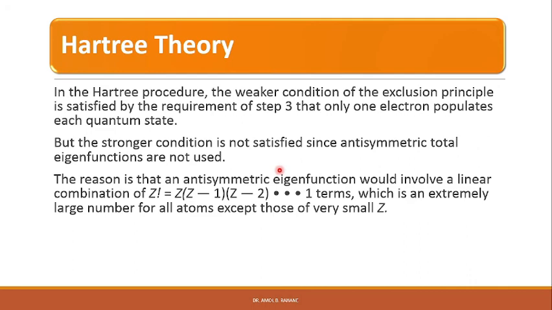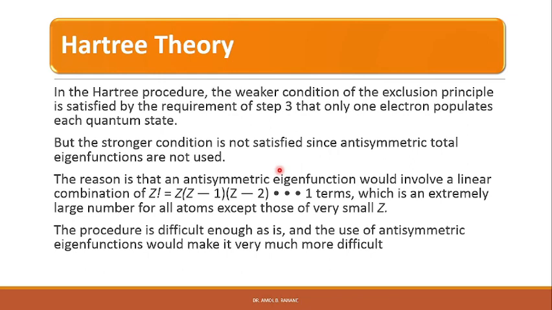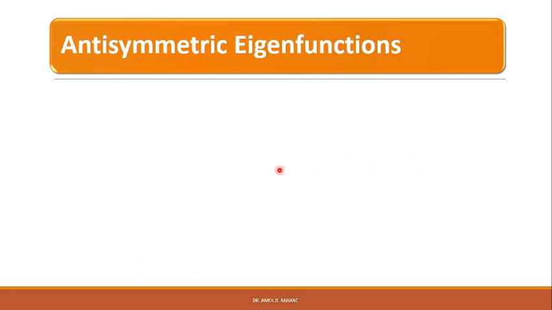So for larger Z, the complications are very much, because for larger atoms the combinations will be Z factorial, right? So the procedure is difficult enough as is, and the use of antisymmetric eigenfunctions would make it very much more difficult again.